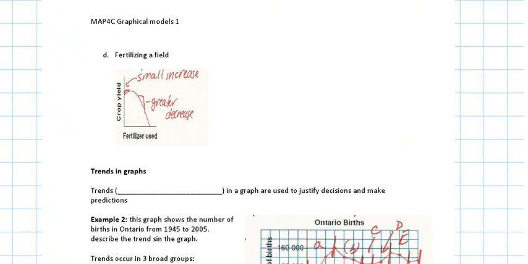It's going to reach a maximum value of the yield, but then the more fertilizer you use, the less yield you're going to have, because a lot of fertilizer will ruin your crop, okay? It will cause burning and whatever, right? So it's going to ruin your crop. So what we see here, we see a small increase, and we see a greater decrease after you get to a maximum value.